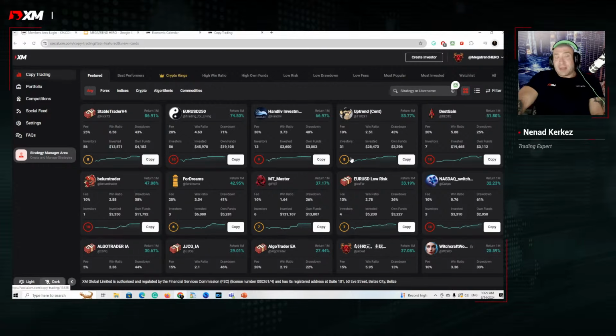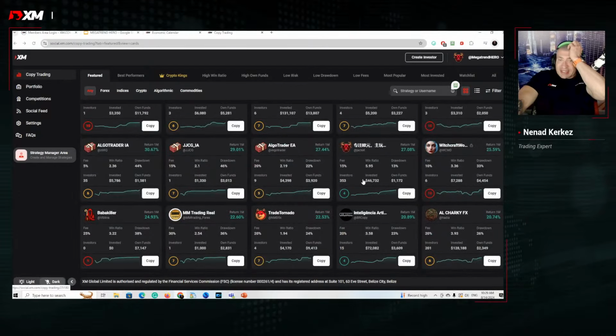However, beware, because lower risk might mean also lower profits. So again, it's up to you how you would invest. But for me, guys, this business is all about risk taking and risk management. And that's why I personally prefer high risk. But you can also choose low risk.